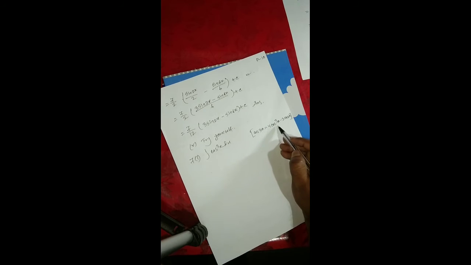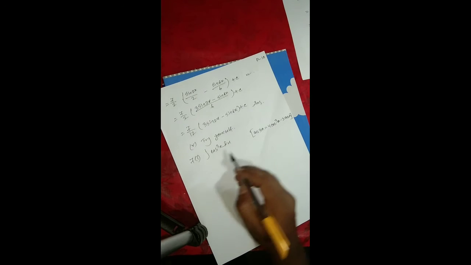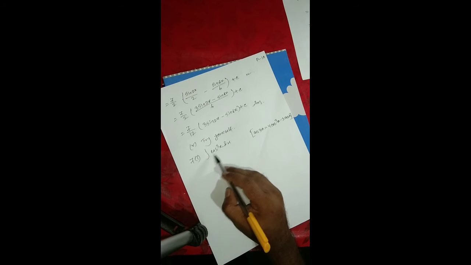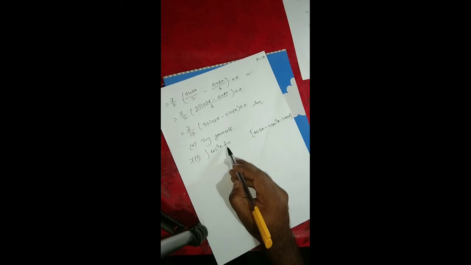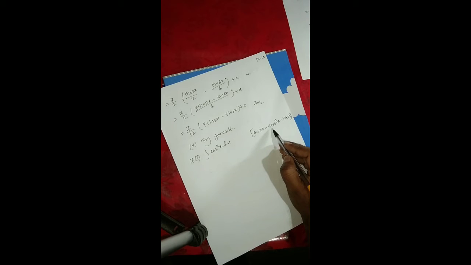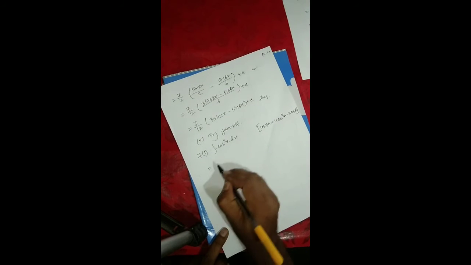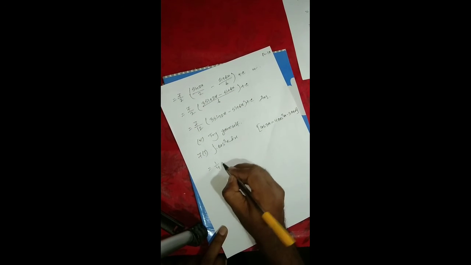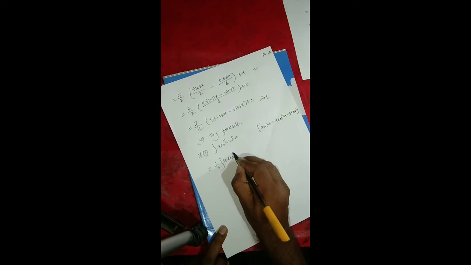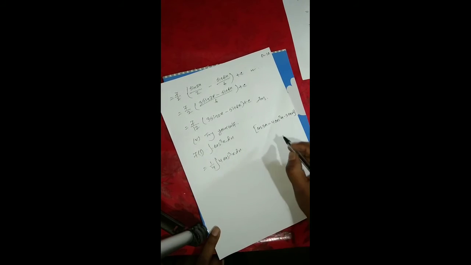Here cos 3a equals 4 cos cube a minus 3 cos a. Here given integration of cos cube x dx. Now if we give here 4, then 4 cos cube a. Now balance it, 1 by 4 cos cube x dx. Now if we change sides, 4 cos cube a equals cos 3a plus 3 cos a.